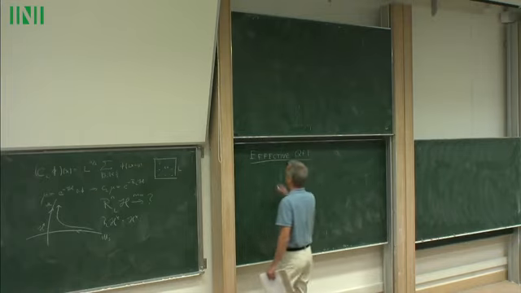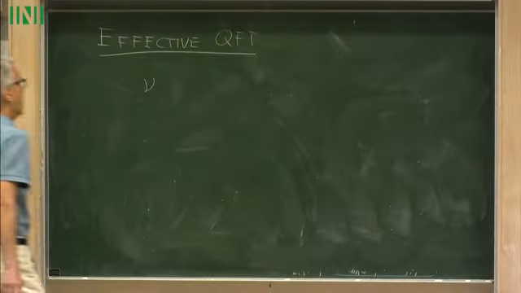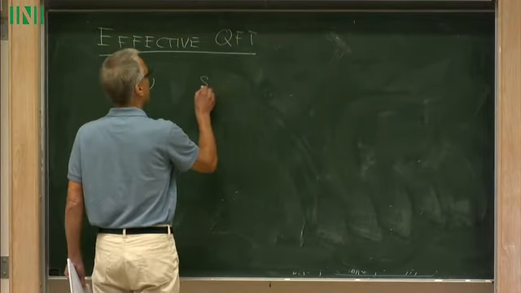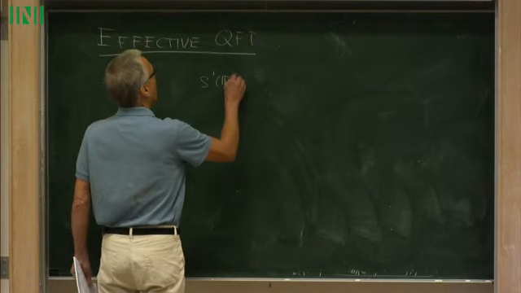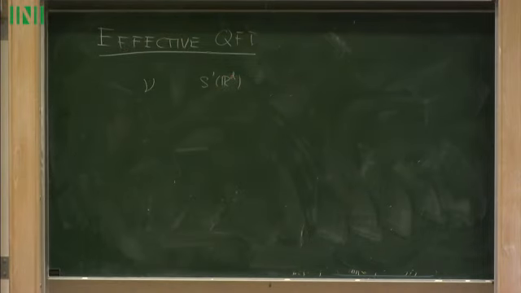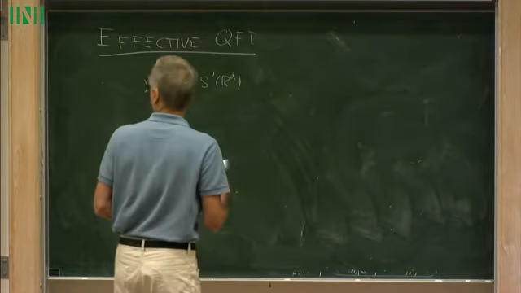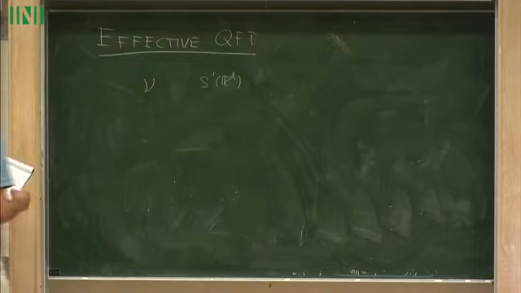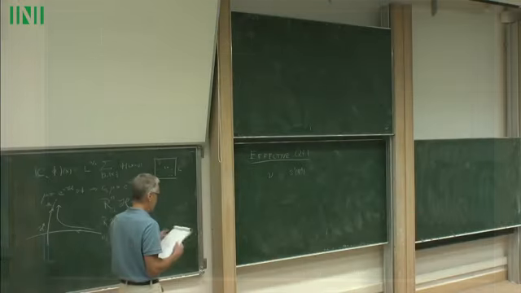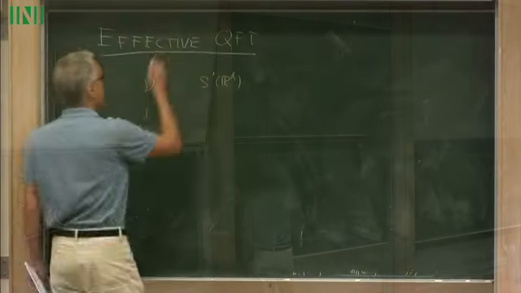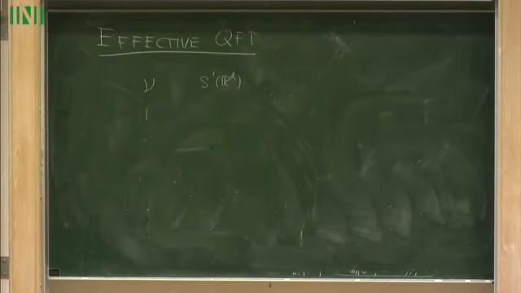So remember, quantum field theory for us is just a probability measure on S prime, and suppose somebody gives you such an object. Then let's see how we would look at this picture there. So let's define something which is called effective field theory, something where you again do coarse graining.